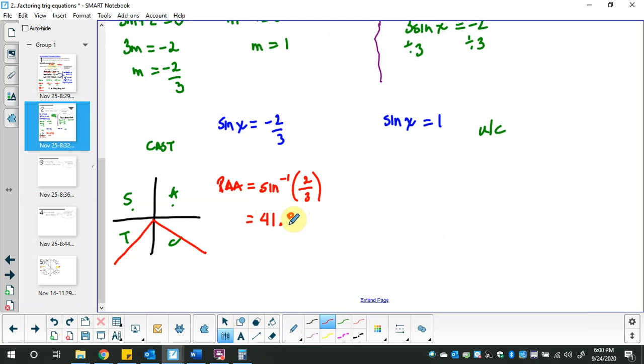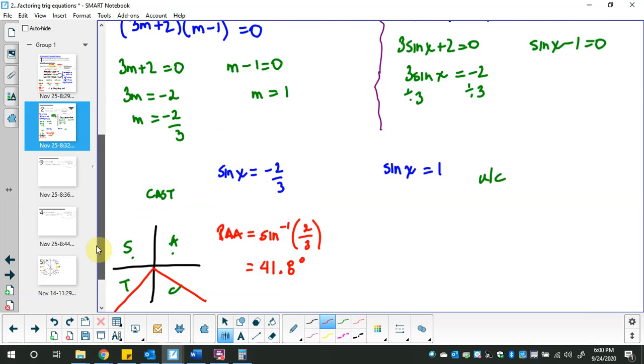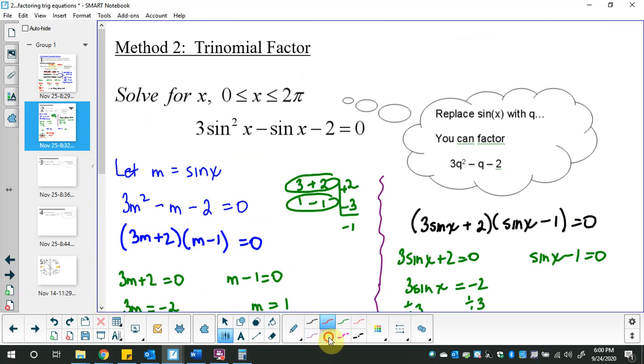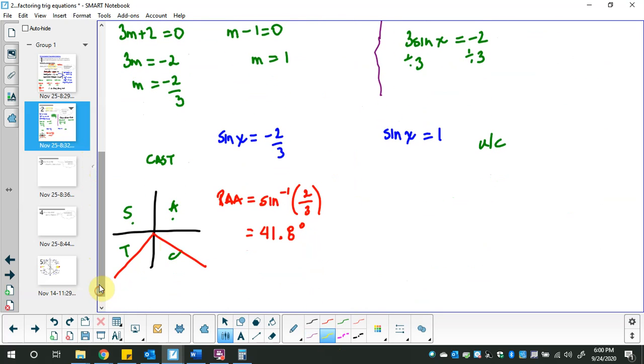Now at some point you need to remind yourself, and in this case me, what we're looking for. And we're looking for all answers in one rotation of the unit circle, but our answers have to be in radians. So this 41.8 is kind of incomplete. It's even incomplete if you figure out where it goes on the cast rule, and it's even incomplete when you pull off that this angle is 360 minus 41.8, and that this angle is 180 plus 41.8.